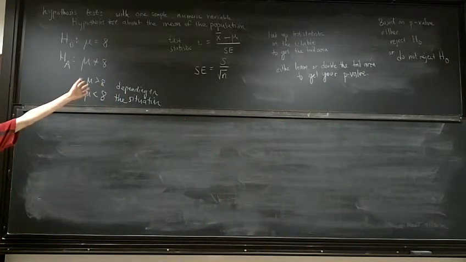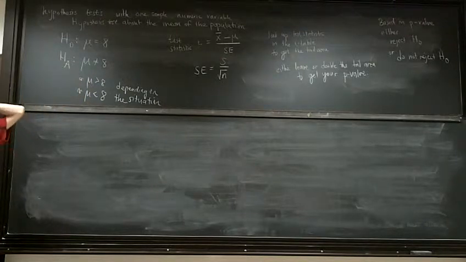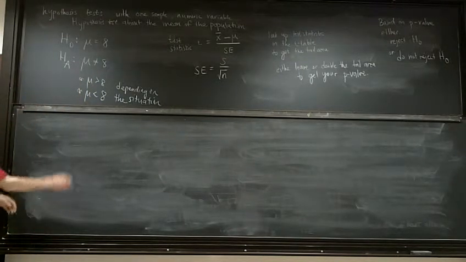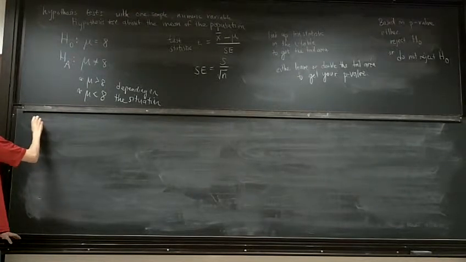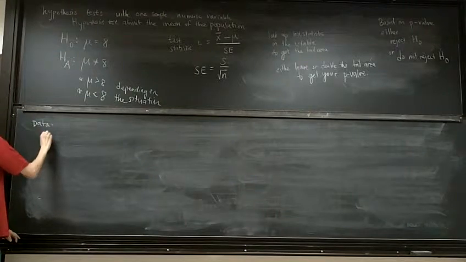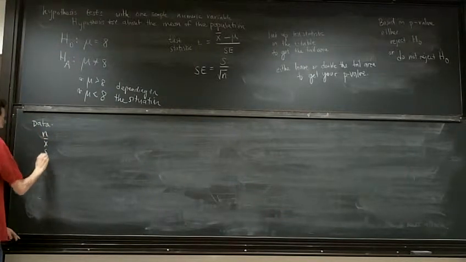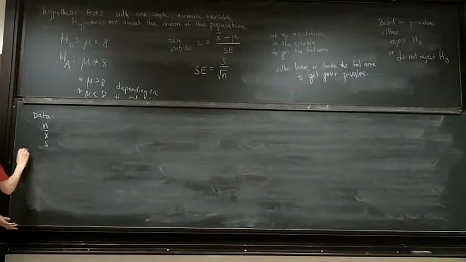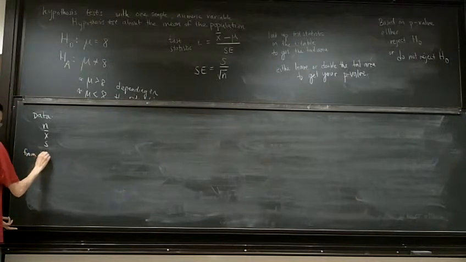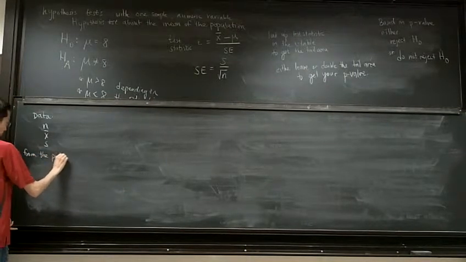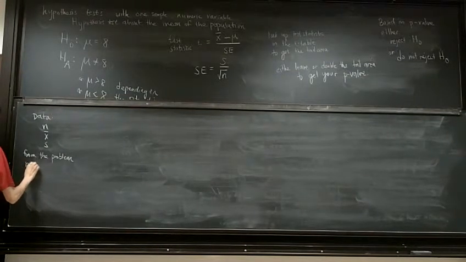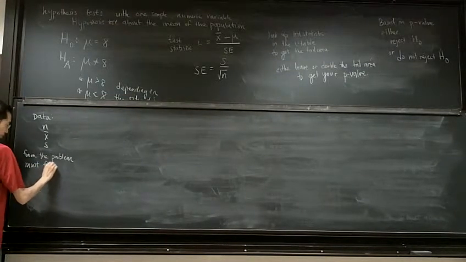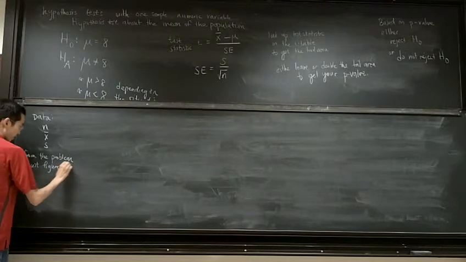So that seems pretty reasonable, right? Not too crazy? Okay. So these are the bits of information you need to gather. From your data, you will need to find n, x bar, and s. And from the problem, you must figure out the hypotheses.